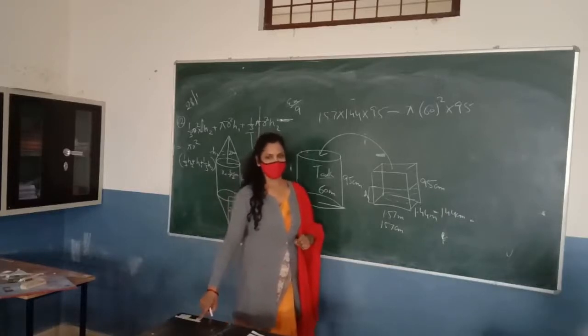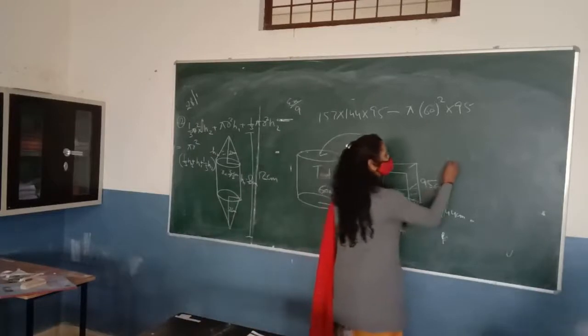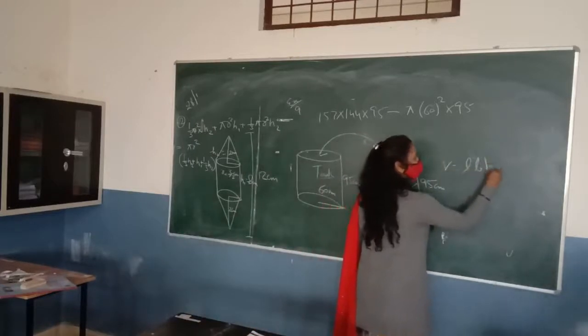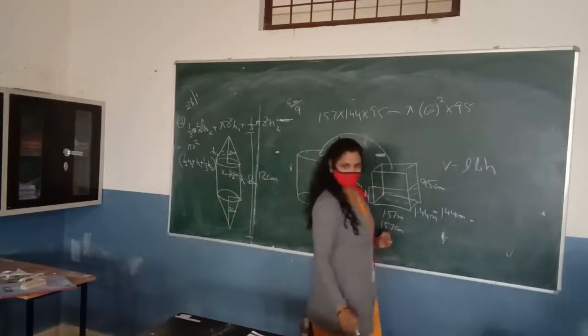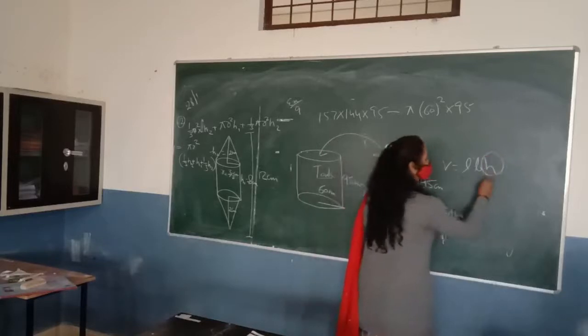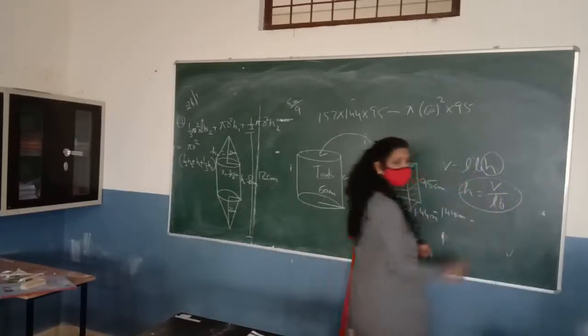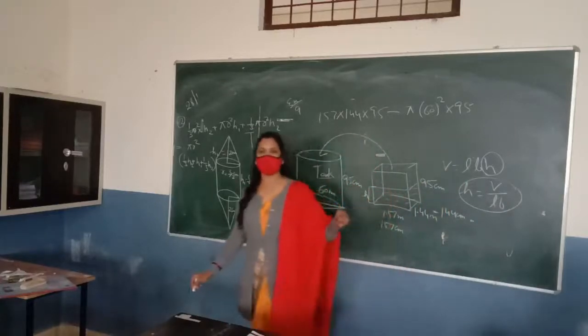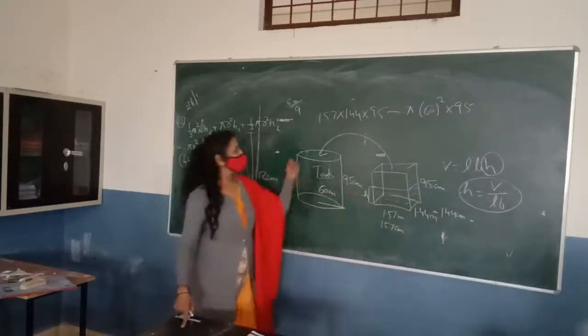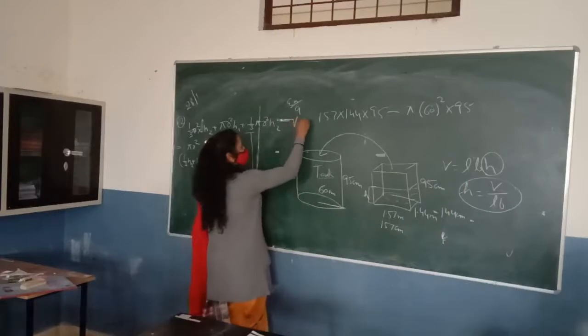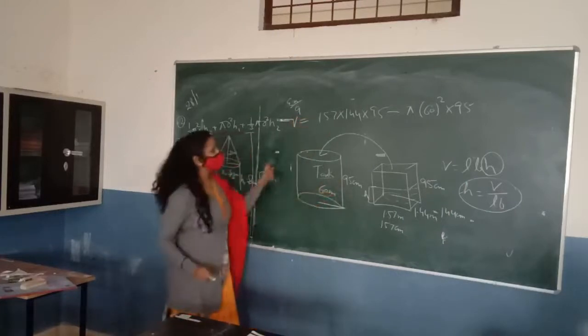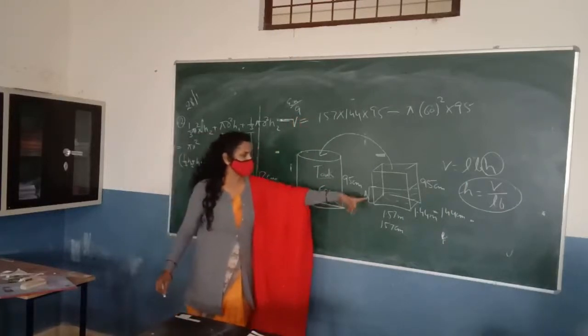Very good. Since we know that the volume of the cuboid is L into B into H. If you want to find the height, so height will be volume upon L into B. So it means if you divide the volume by the area, you can easily find the height. You know the volume of left water in the sump. You know the area of the base, that is 157 into 144.